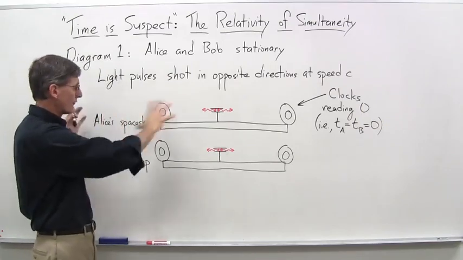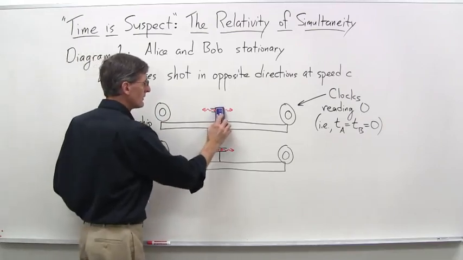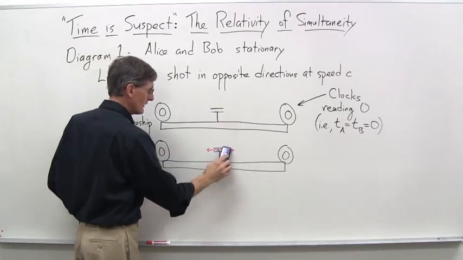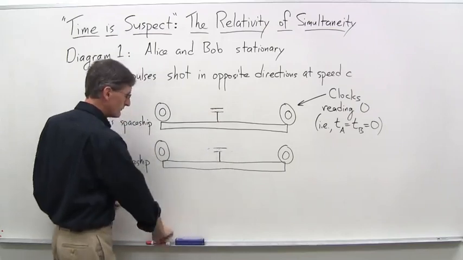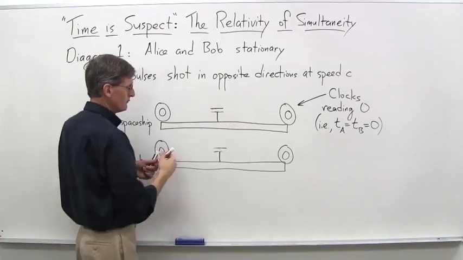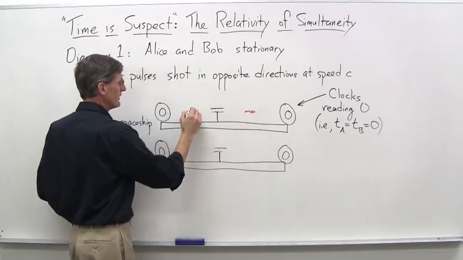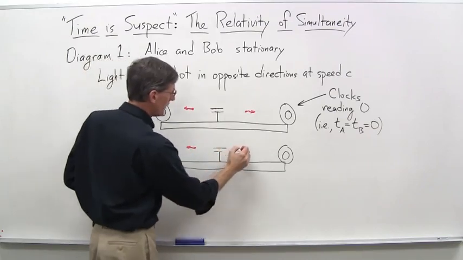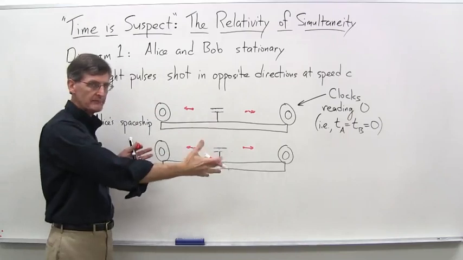So this is the first part of diagram 1. Let's carefully erase our light pulses here because they have now been shot off. And we can imagine we have one about right there going that direction and right here going this direction. And same thing down here for Bob with our light pulses. In other words, they would track exactly, right?